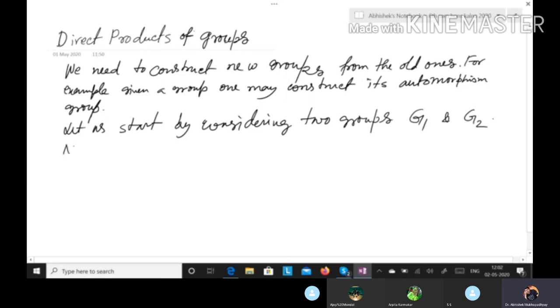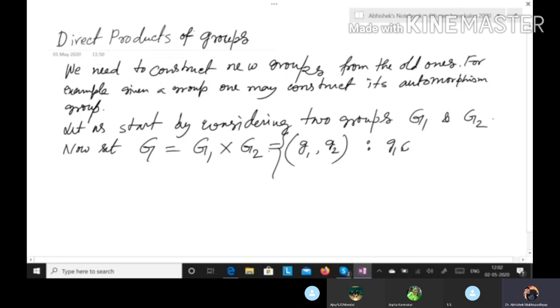Now set G equal to the Cartesian product of these two. That means it contains the set of all those ordered pairs (g1, g2) where g1 belongs to capital G1 and g2 belongs to capital G2.